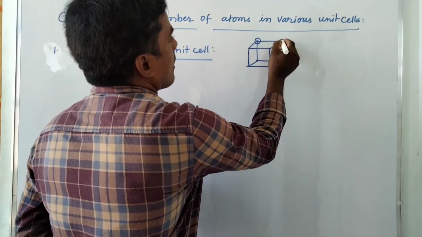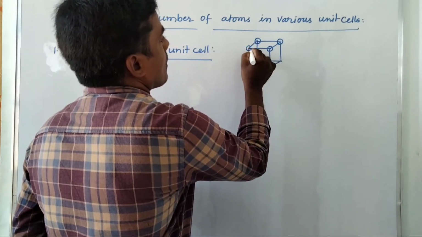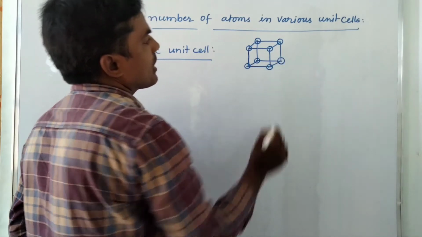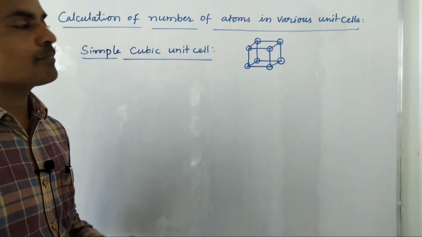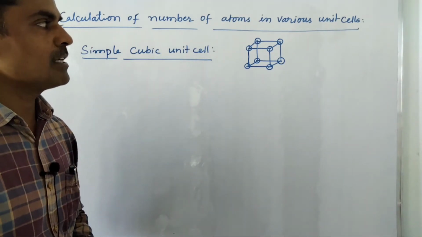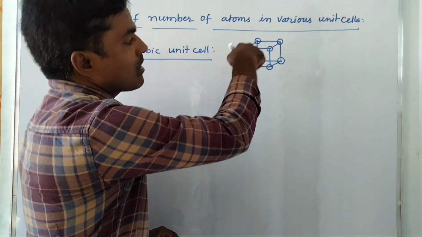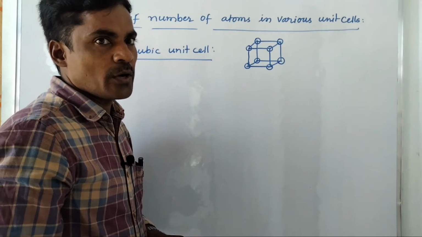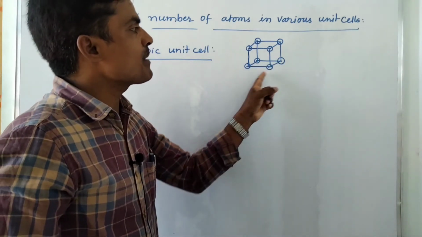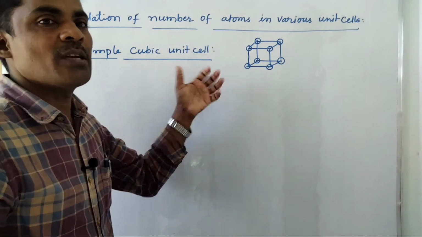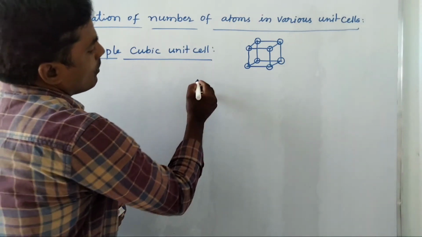If atoms are present at only corner positions, it is called a simple cubic unit cell. How many corners are over here? Total 8 corners.